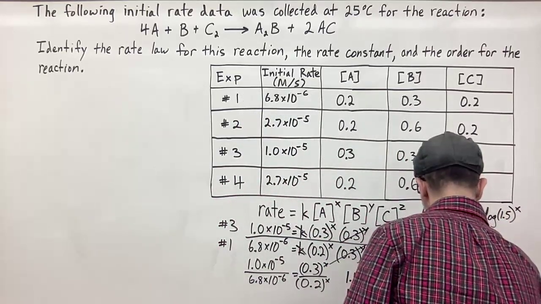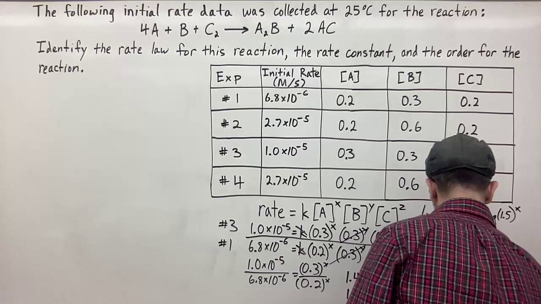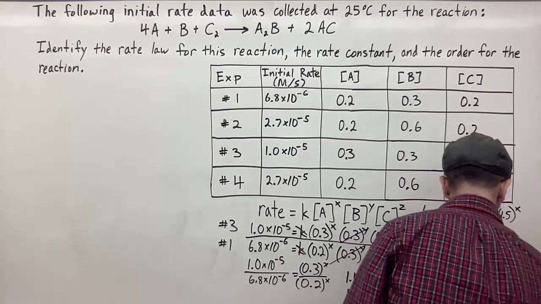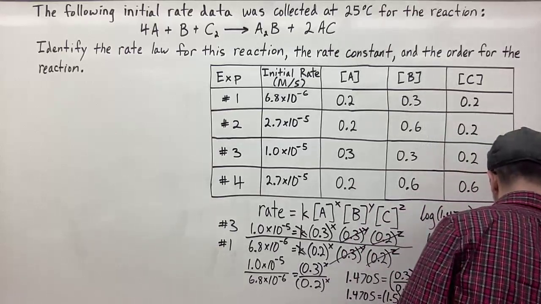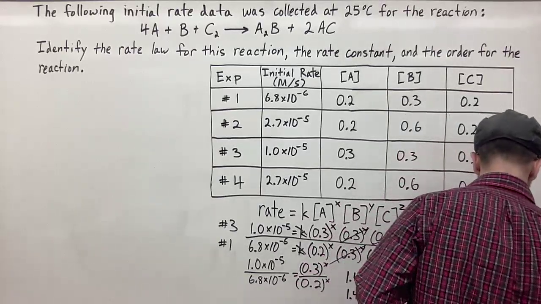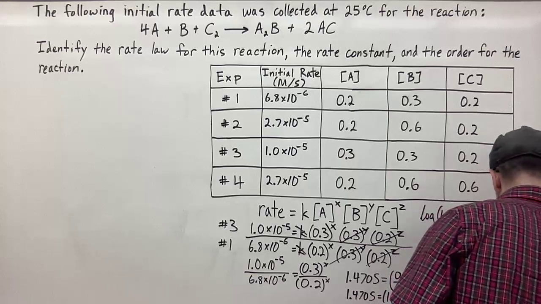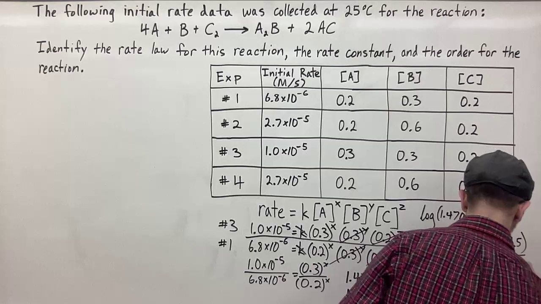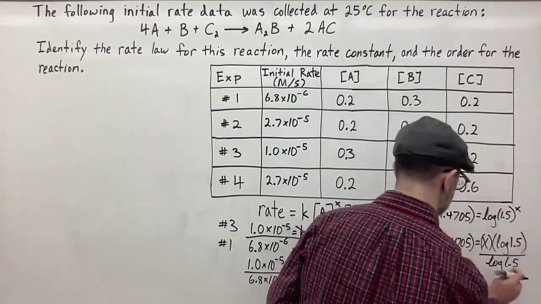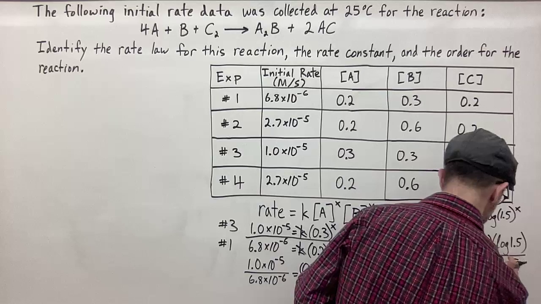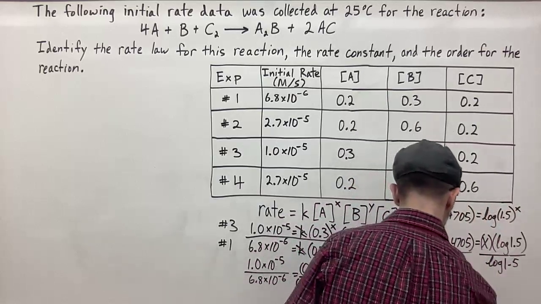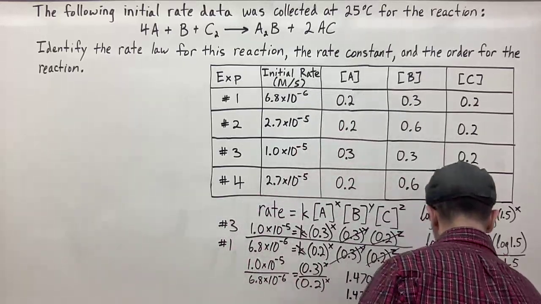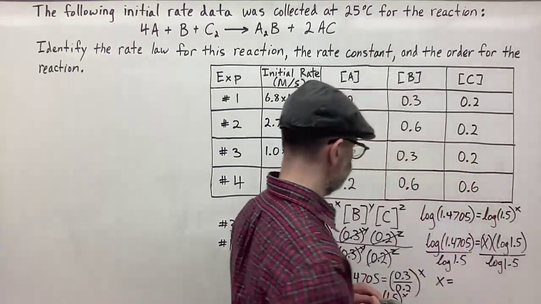So the log of 1.4705 is equal to x times the log of 1.5. Then I solve for x by dividing both sides by the log of 1.5.